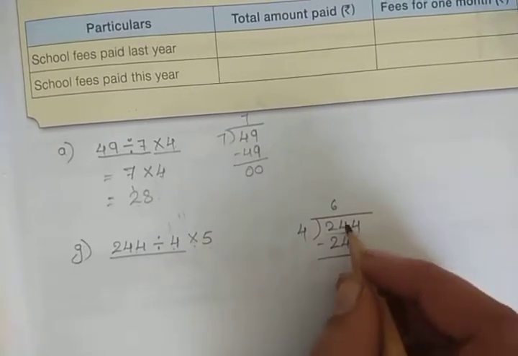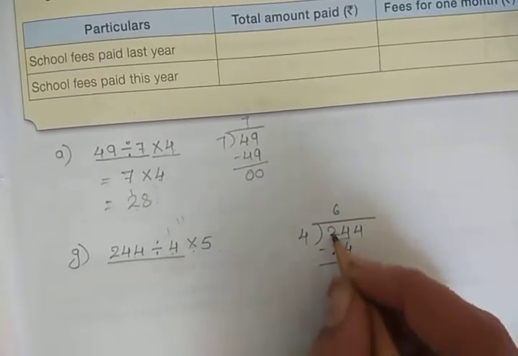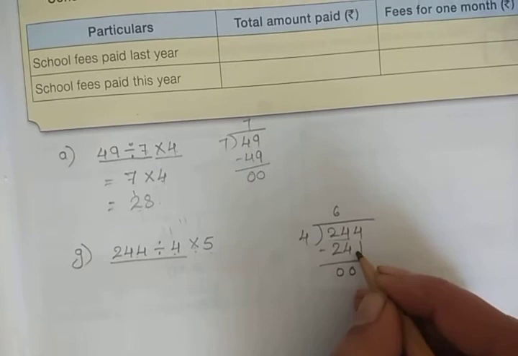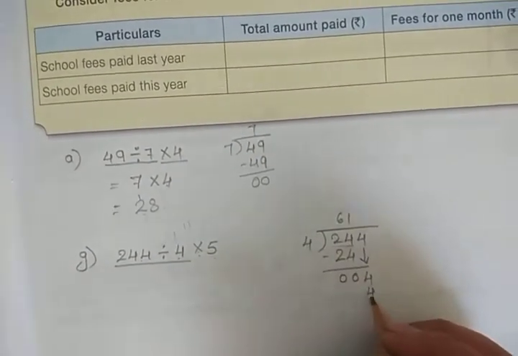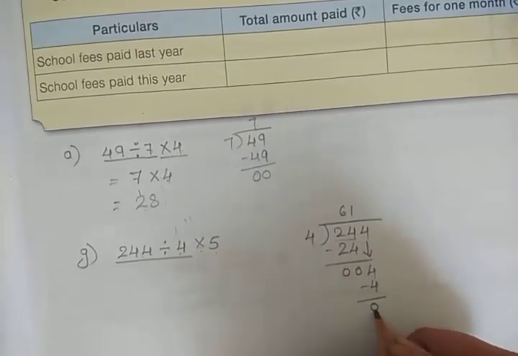Subtract. 4 minus 4 is 0, 2 minus 2 is again 0. Take down this 4. Now 4 ones are 4. Subtract. 4 minus 4 is 0.